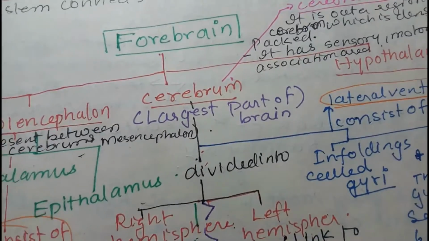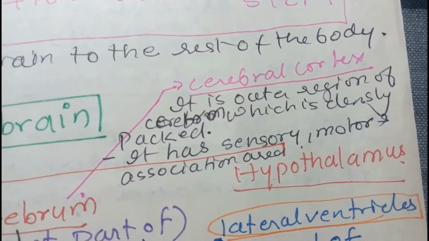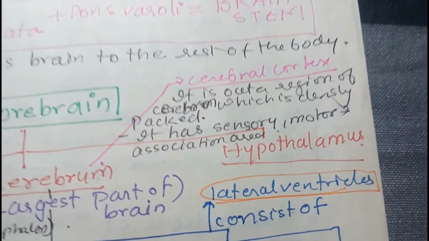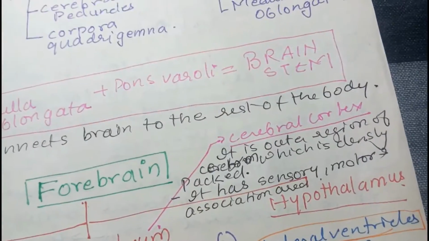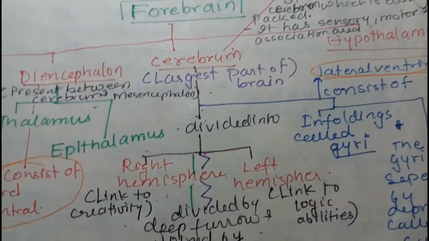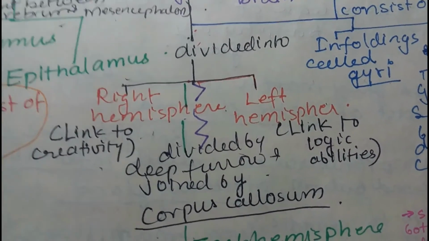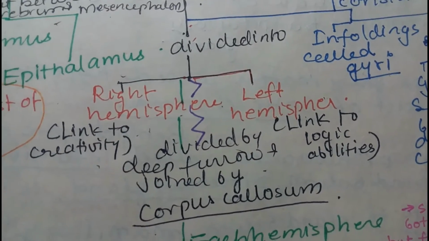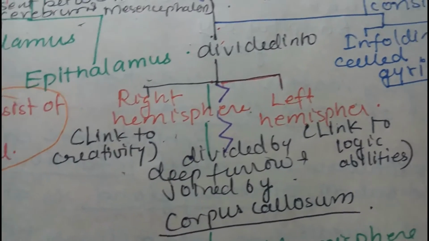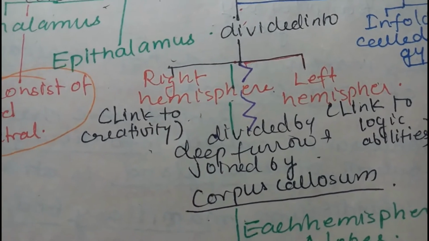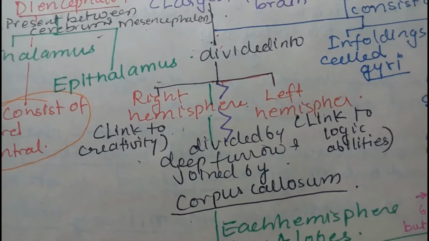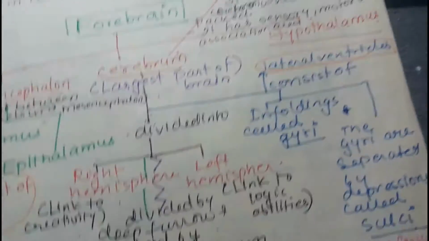Now cerebrum, which is the largest part of the brain, has an outer region that is densely packed, which forms the cerebral cortex, and it has sensory and motor association areas where the processing of information occurs. The cerebrum is divided into two parts by a deep furrow, which is joined by the corpus callosum. So the corpus callosum divides the cerebrum into right hemisphere and left hemisphere. The right hemisphere is associated with creativity, and the left hemisphere is linked with logical abilities.